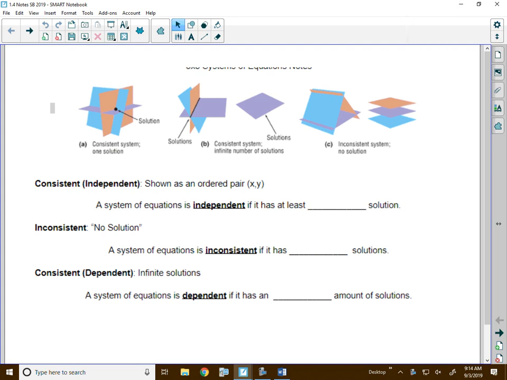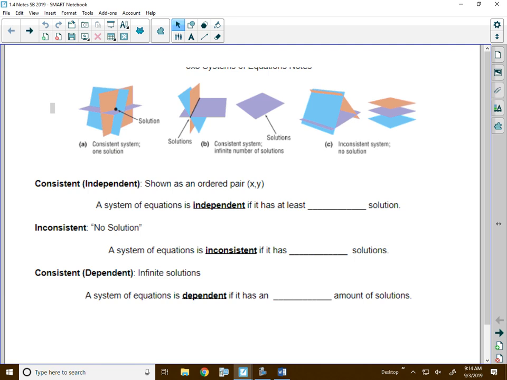All right. So when we solve three-equation systems, we can have three outcomes. The first is a consistent system, meaning it works. The equations will have an intersection.